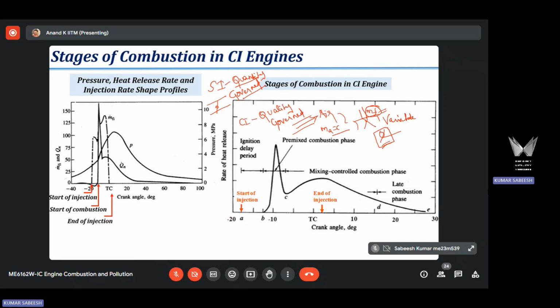So in a CI engine, since we are changing only fuel quantity, keeping air mass constant, phi is going to change. Okay, phi is referred to as the quality of the mixture. Quality of fuel or mixture is defined by phi. That's why CI engines are quality governed engines, and in SI engines you don't change phi. Phi is going to be fixed, but what we change is the proportion of fuel and air both. Right, at a given operating condition, fuel and air quantity.